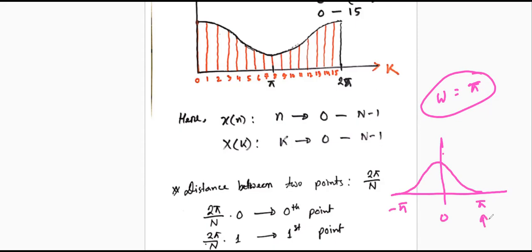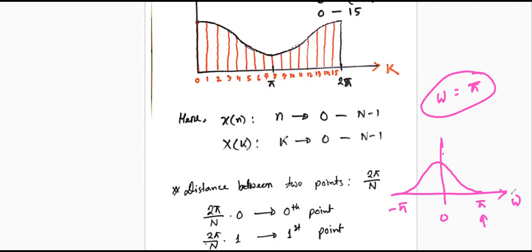So what is the actual frequency at the location of pi? This is in the scale of omega.